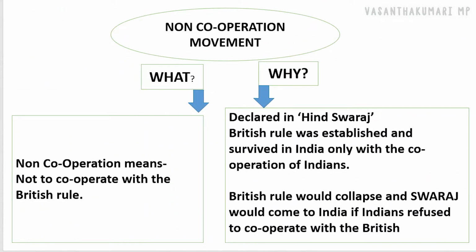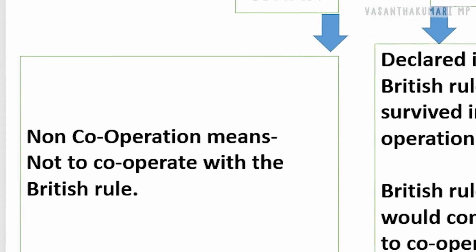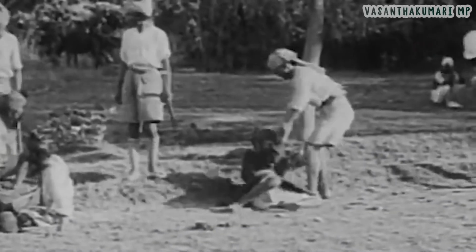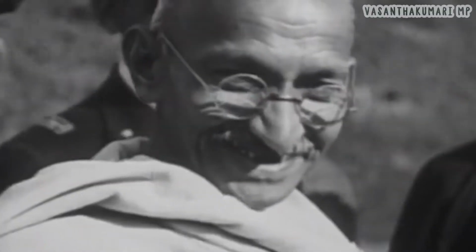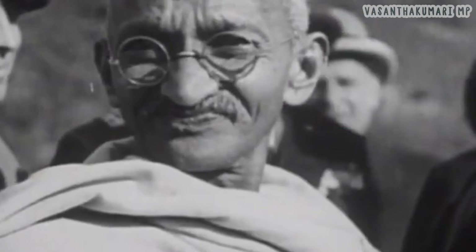What is the non-cooperation movement and why the non-cooperation movement? Non-cooperation means not to cooperate. Here, it meant not to cooperate with the British rule. Why did Gandhiji decide to go for his non-cooperation movement?